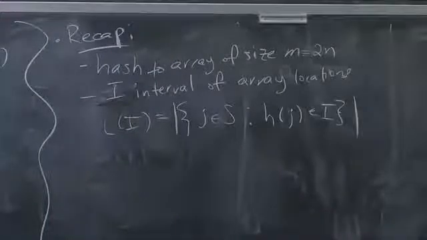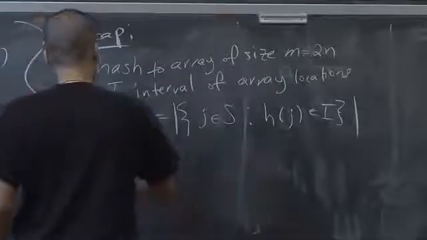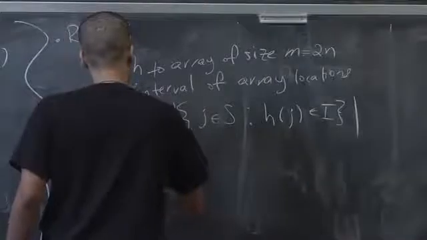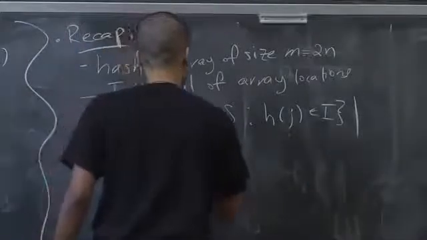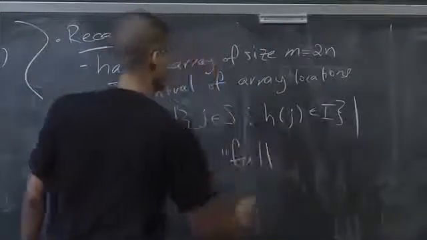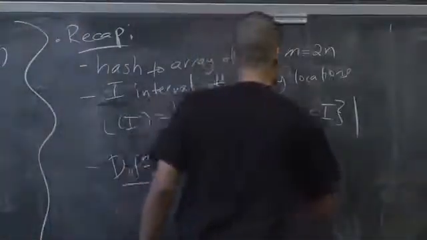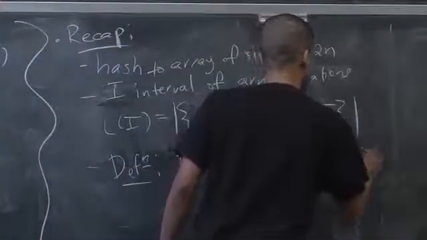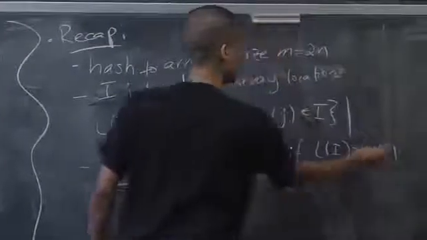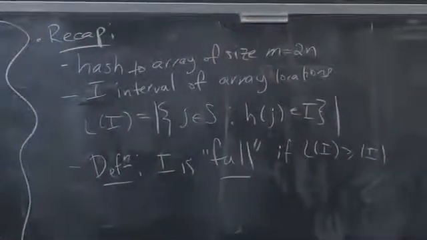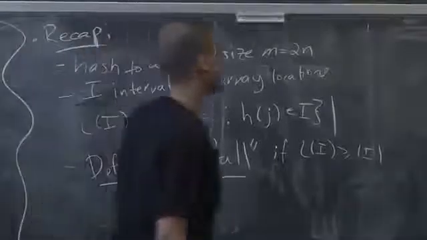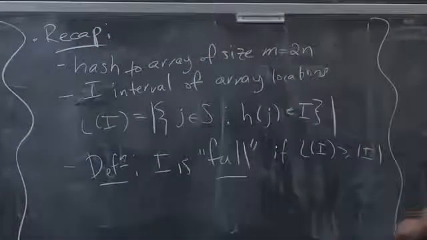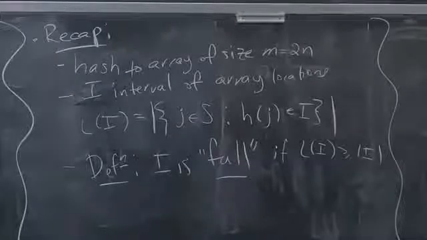I gave a definition: I is full if L of I is at least the size of I. Then I stated a lemma relating the number of probes when inserting x to full intervals.